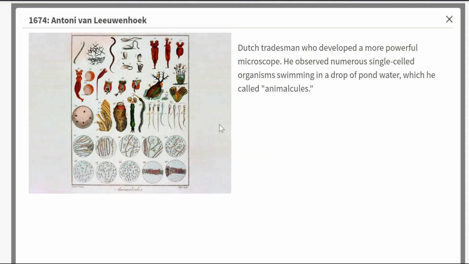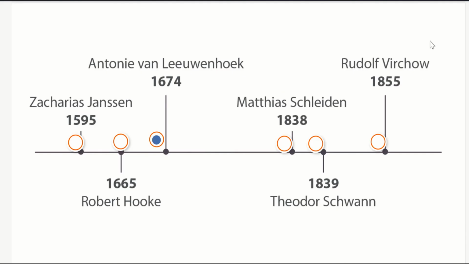Anton van Leeuwenhoek was a Dutch tradesman, but he developed an even more powerful microscope, and he was able to look into pond water and see microorganisms, single-celled organisms. So he was really the first one to see, or at least to document seeing, living organisms in water.